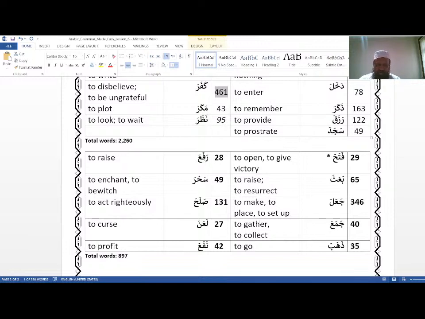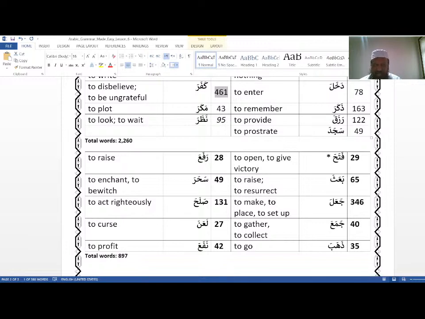Okay, so again, I have to say, memorize these verbs and put them on the pattern of al-Madi. So let's take Fataha and conjugate al-Madi. Let's see if we can. Say with me.